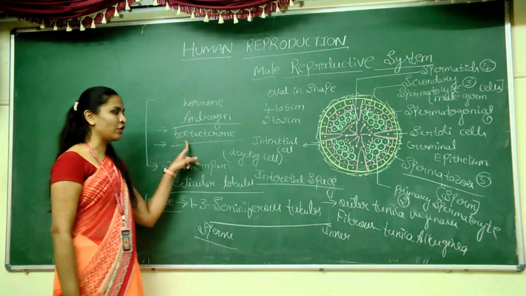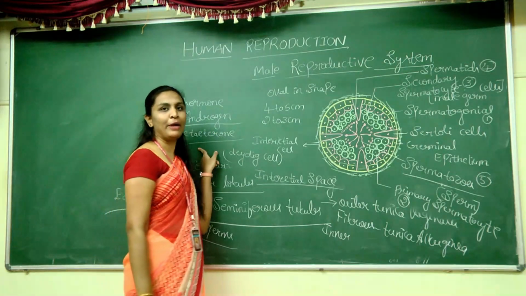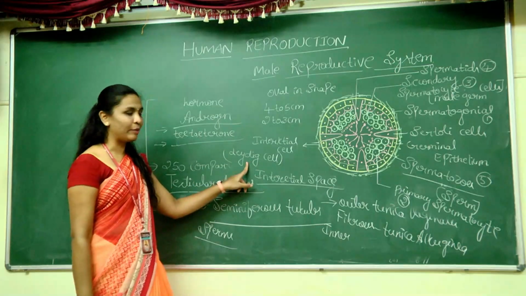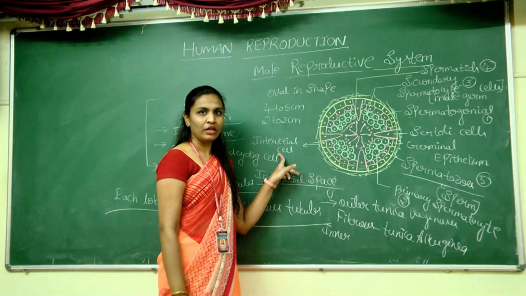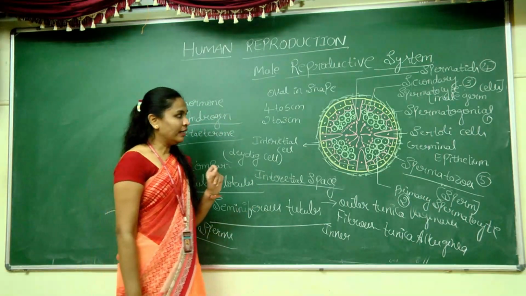This testosterone, or androgen, is also referred to as a male sex hormone, secreted by the Leydig cell or interstitial cell. See, this is the anatomy of testes.